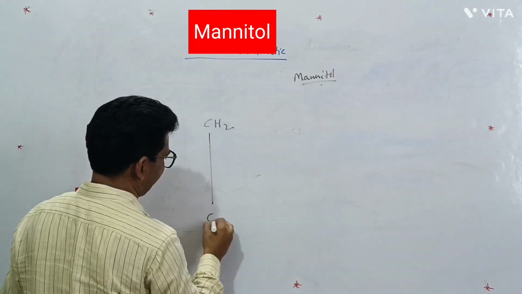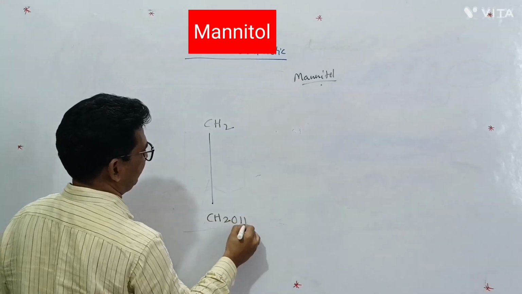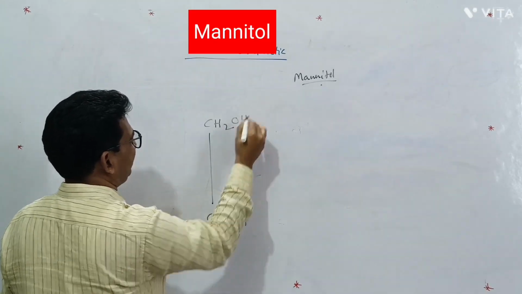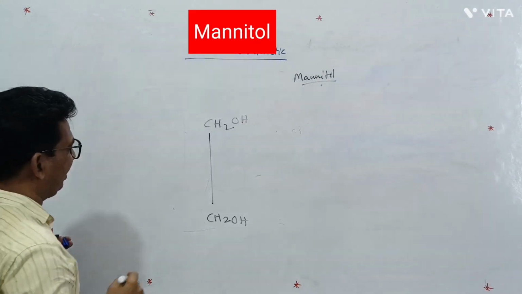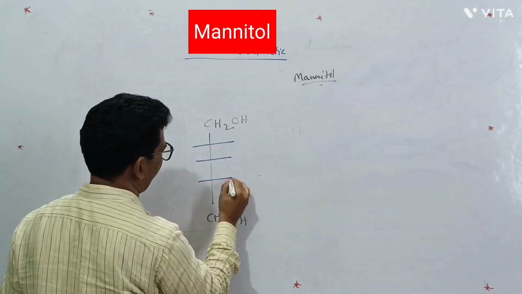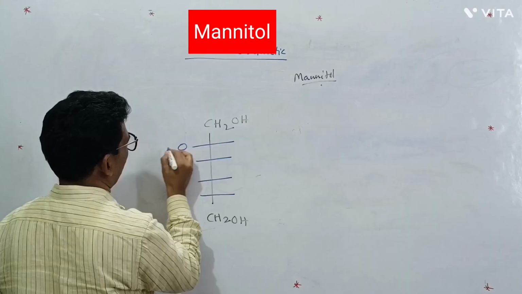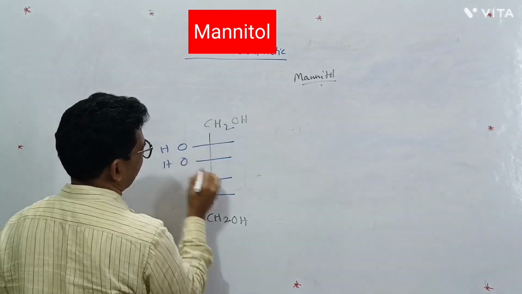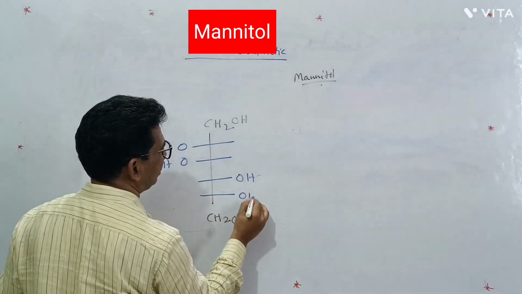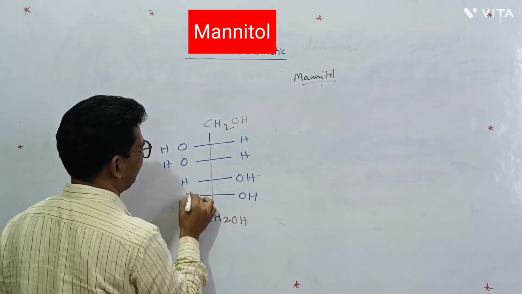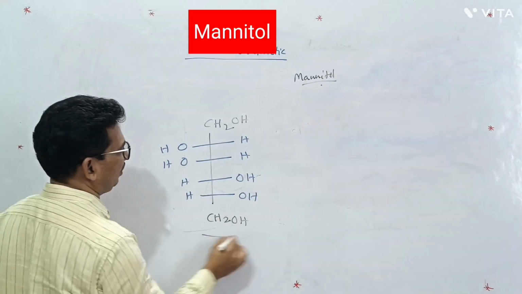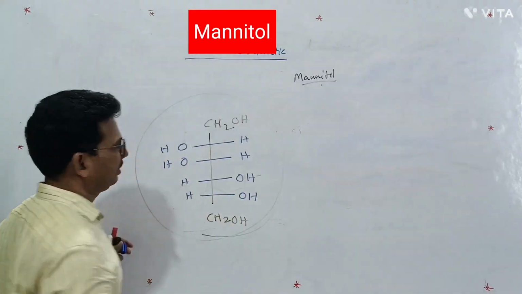Just take the mannitol structure: CH2OH, CH2OH, and along with that, carbons 2, 3, 4 having OH, OH, OH, OH. The remaining are hydrogens. This is the structure of mannitol.